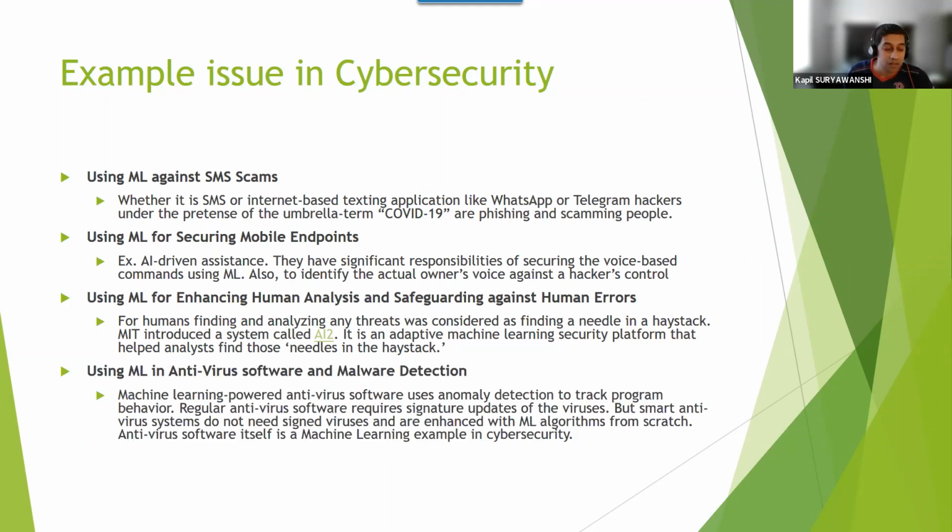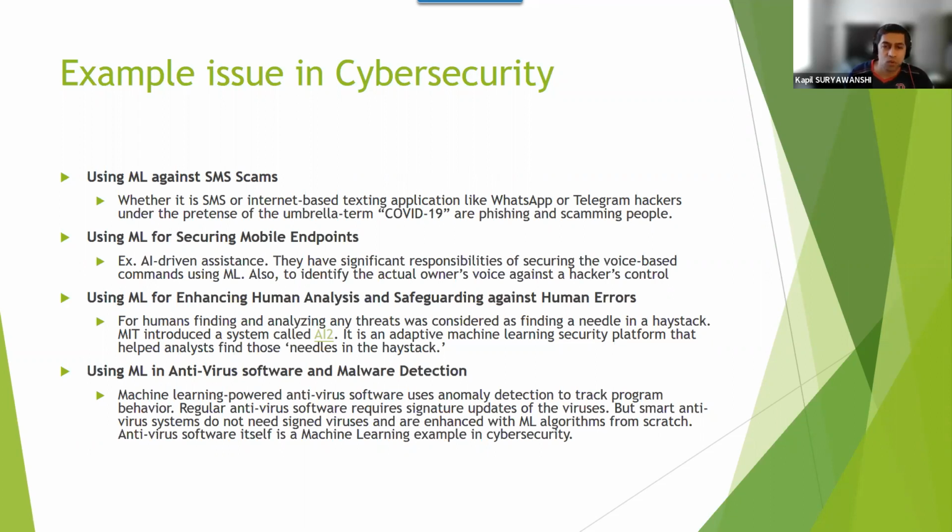Similarly, as I said, the older approaches to antivirus software are also evolving. Now they are embedding machine learning in them. They are detecting better or new upcoming viruses. With an intelligent program, you don't need regular updates of a signature.